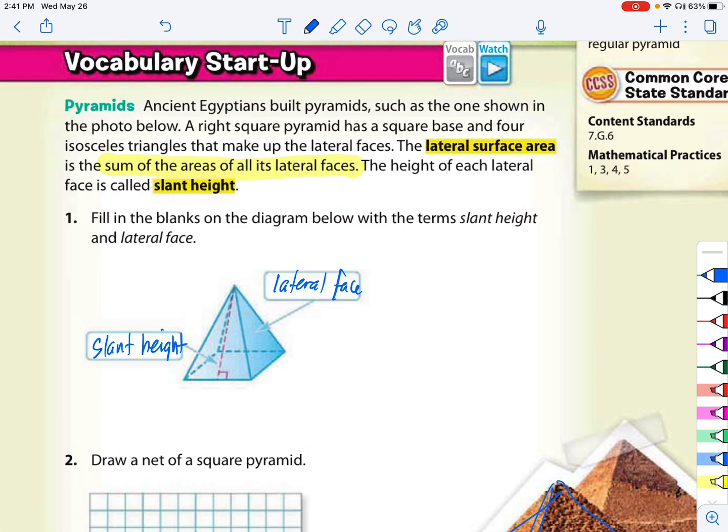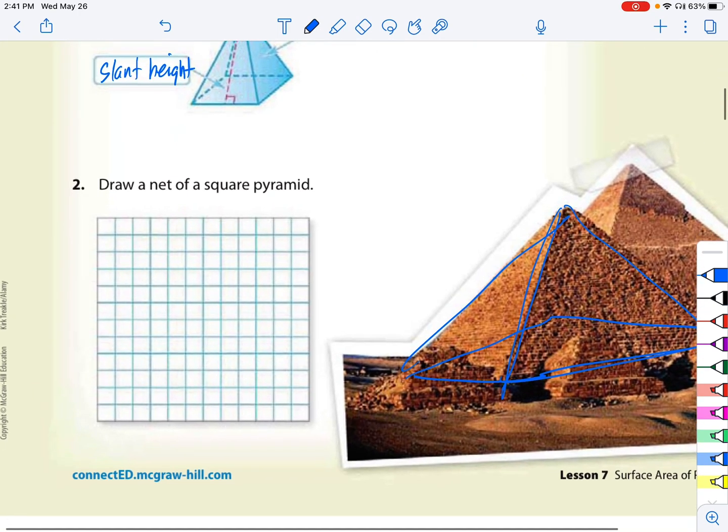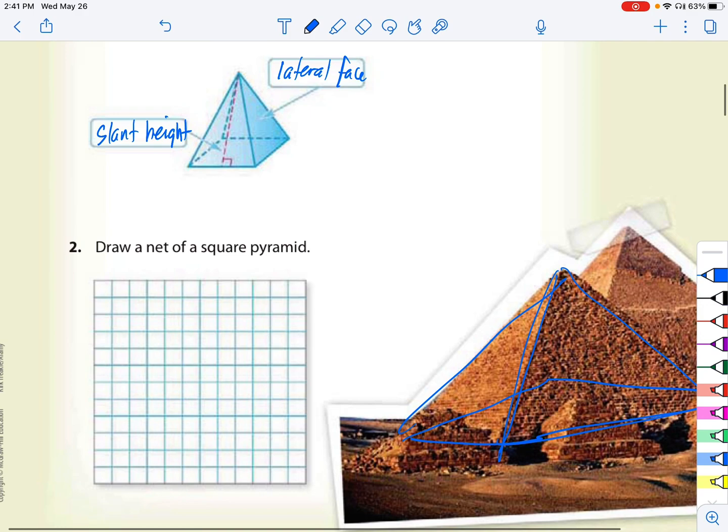Now, draw the net of the square pyramid. If you want to draw the net, remember, a net is simply when you have a particular prism or pyramid and you open it up. That's what forms the net. If I'm going to draw a net of this particular pyramid, the first thing I'm going to draw is the base.